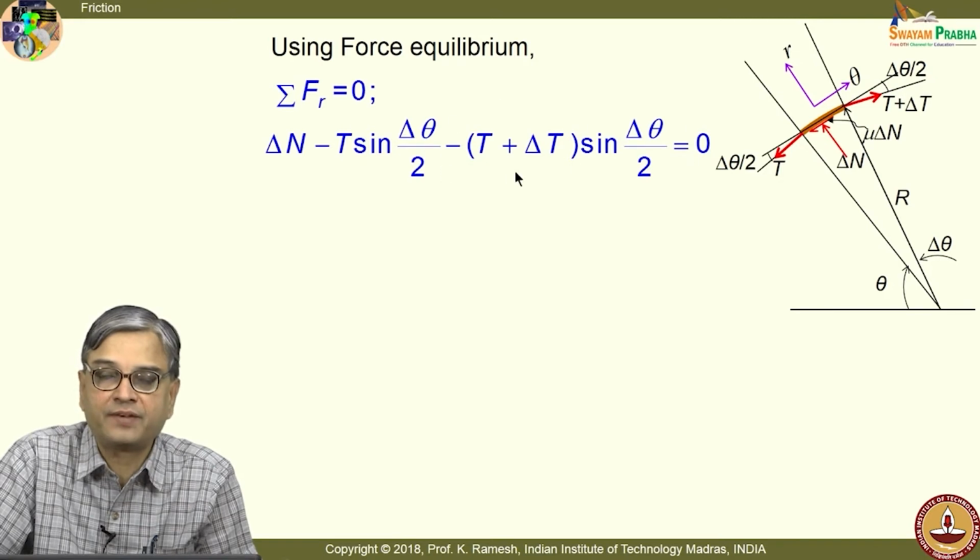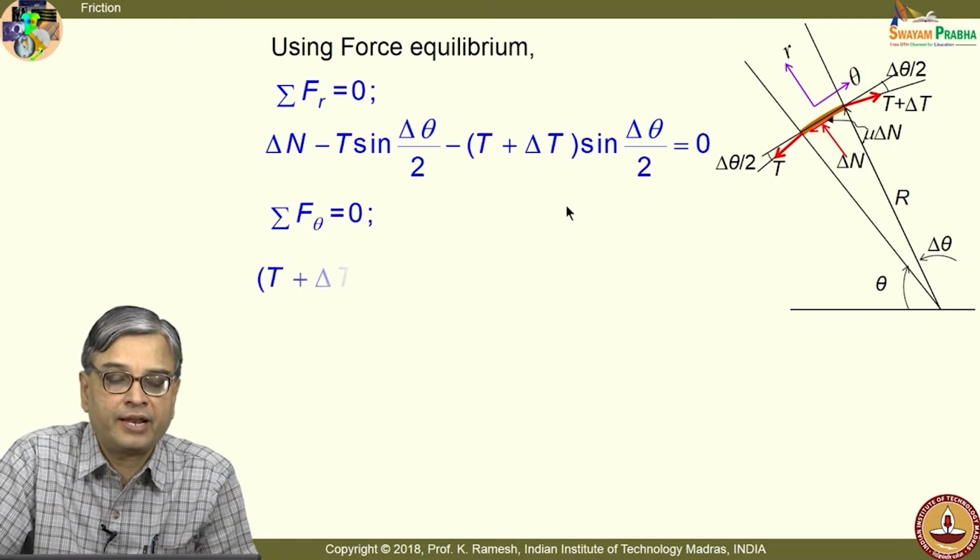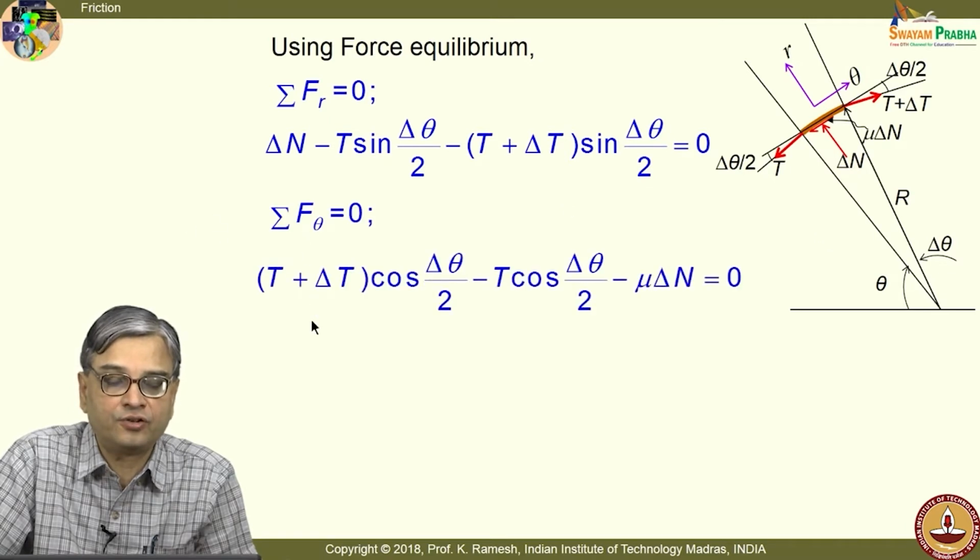Please verify whether this expression is correct. And when I put sigma F theta equal to 0, I get (T plus delta T) cos delta theta by 2 minus T cos delta theta by 2 minus mu times delta N equal to 0.